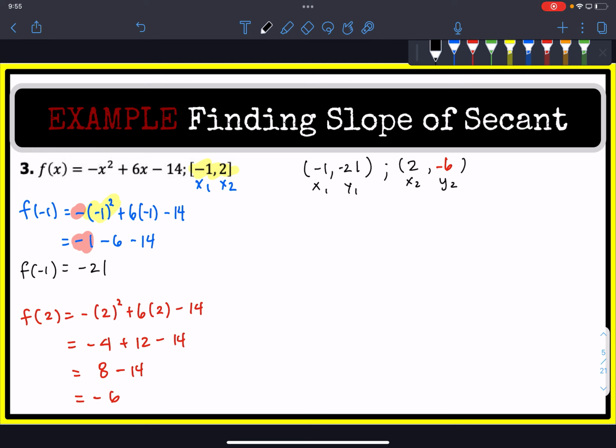So there we can then just plug into our slope formula. So the slope of our secant will be -6 minus -21 over 2 minus -1. So like I was saying, -6 minus -21 is 15.